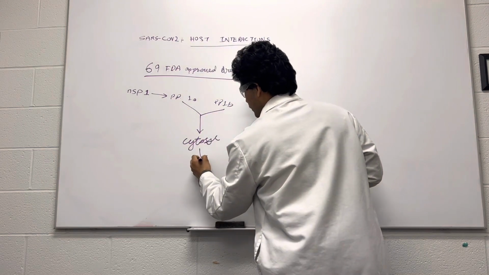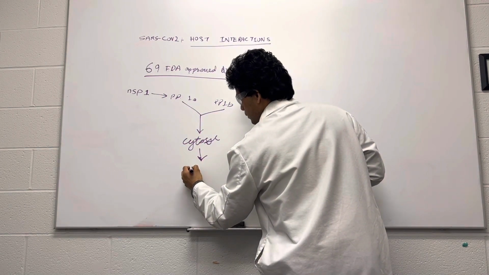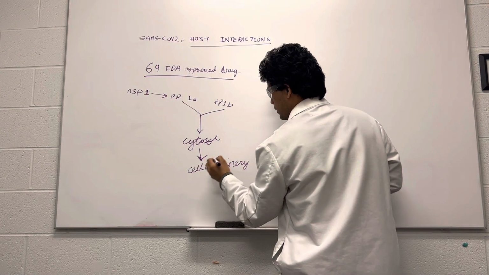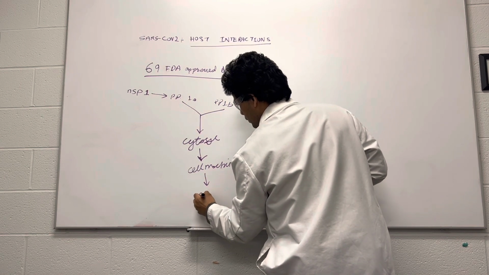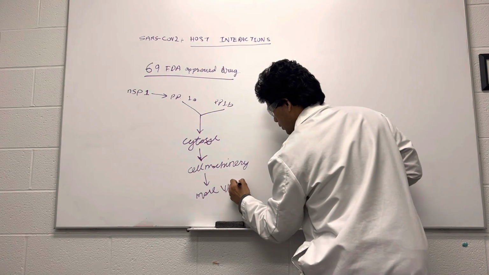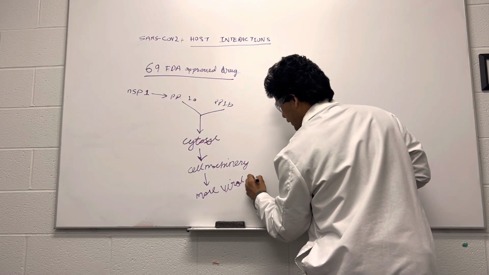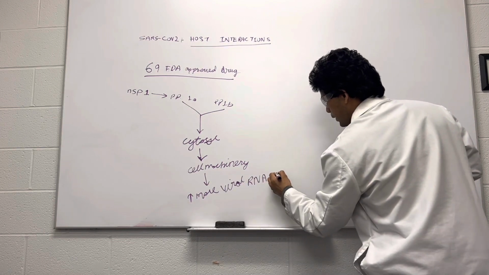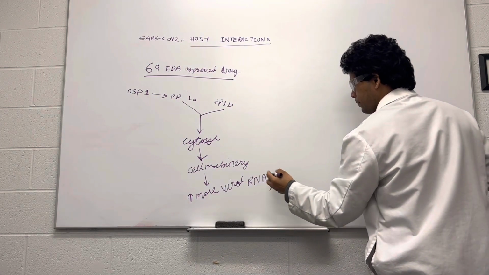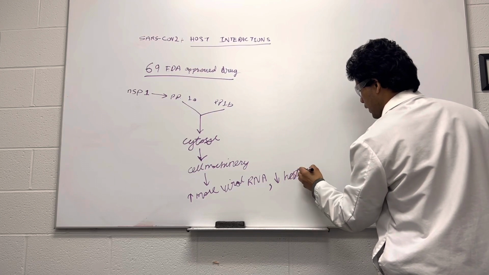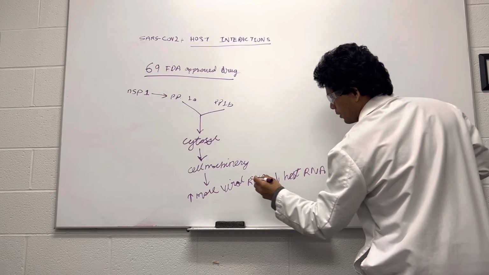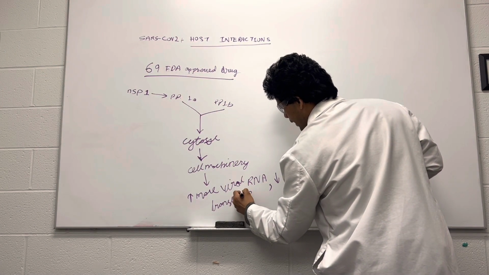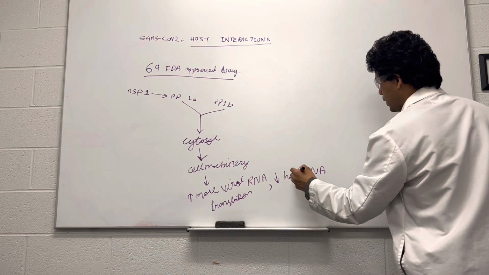So they divert the cell machinery to produce more viral RNA and decrease host RNAs. You can say, translate more viral RNA and reduce translation of host RNAs.